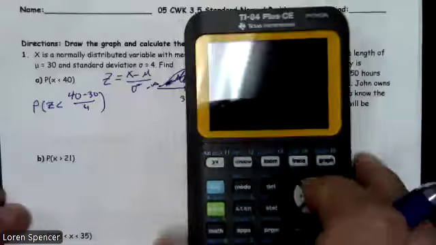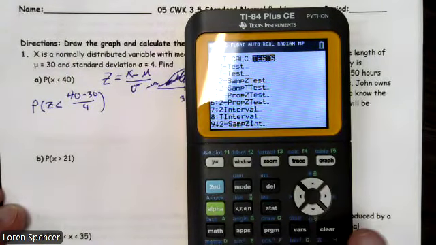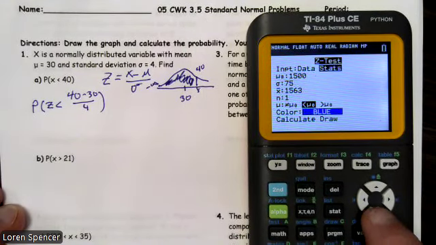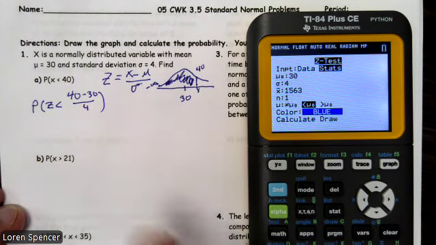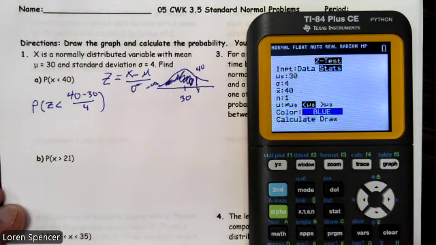So I'm going to do this as a stat test Z-test. There are other ways to do it, but stat test Z-test. I press enter. They tell me my mean is 30, my standard deviation is 4, but my x is 40. And we have the less than highlighted. Make sure you do that.